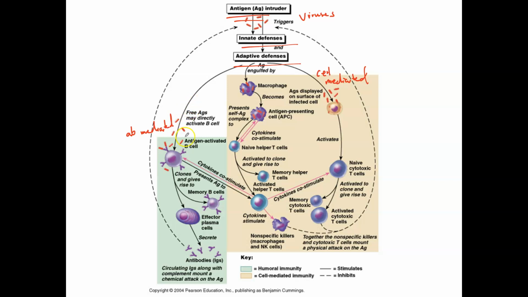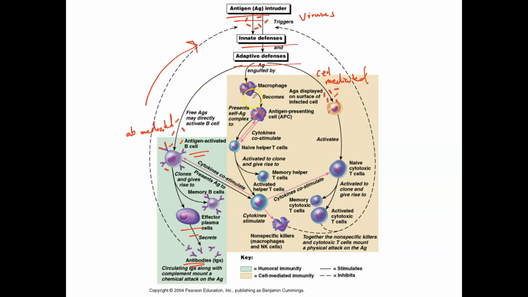So if a virus is in the body and we're looking at antibody-mediated, then we're going to have the activation of T helper cells, and the T helper cells are going to activate the B cells. The B cells are going to become plasma cells to produce antibodies, and the antibodies can be used to combat the viral antigen.